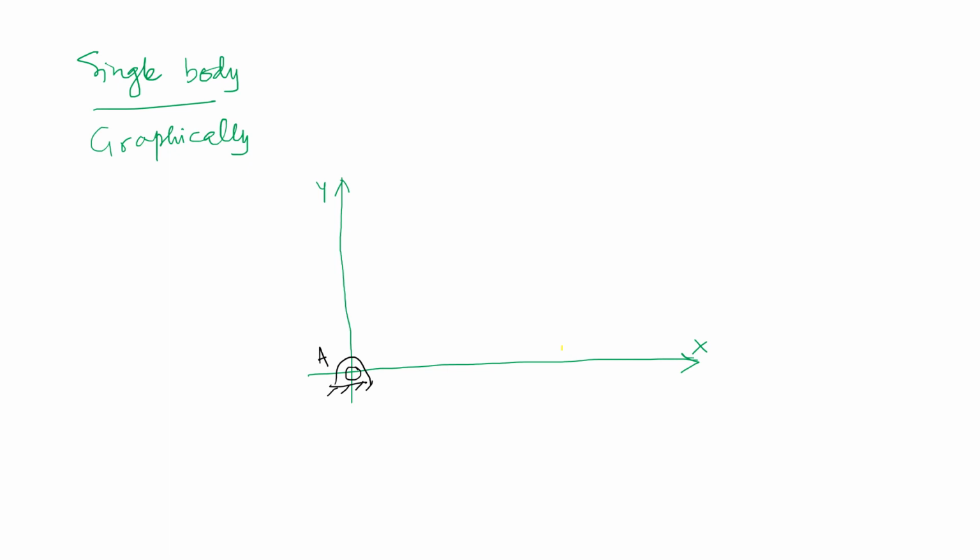So instantaneously the body may look somewhat in this orientation. The other point that is of interest for us, because generally we need to connect this link with the other links, is important, so let it be labeled as P. The vector which defines point P with respect to A is this.